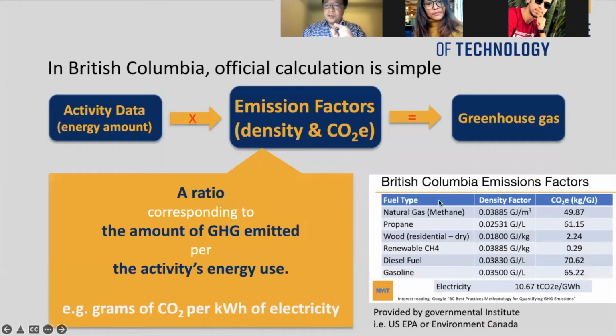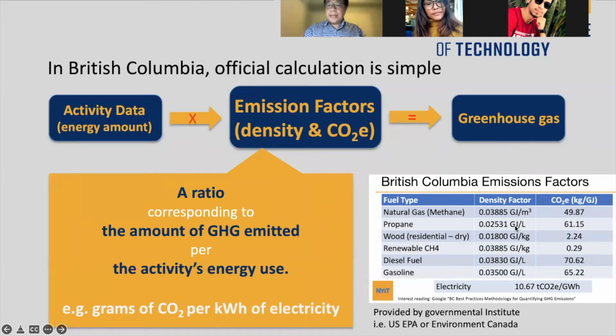Because, try to remember, the density factor is in kilojoule per cubic meter, and for propane in our example it is gigajoule per liter. In our example, we consume 20,000 liters, and every liter has 0.02531 gigajoule.